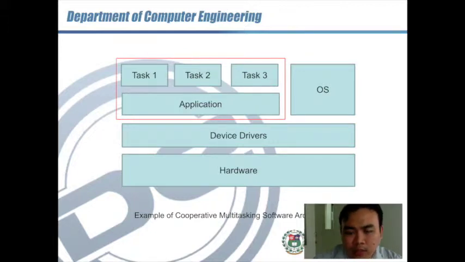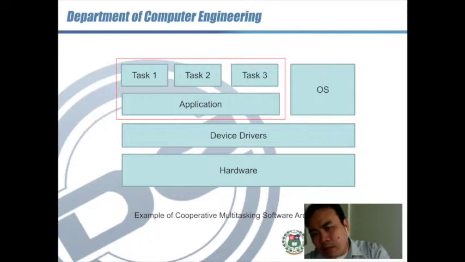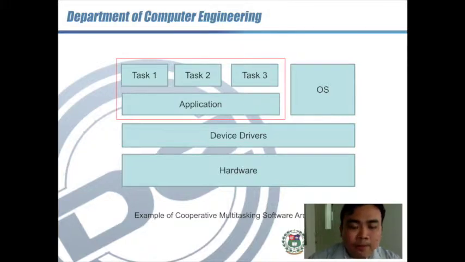We have the hardware, which is the microcontroller and the peripherals. On top of it we have the device drivers, our pieces of software that control the devices and the IOs. And we have the operating system to manage the tasks, to make sure that none of the tasks is delayed and that each performs within its prescribed CPU time, or its completion time.